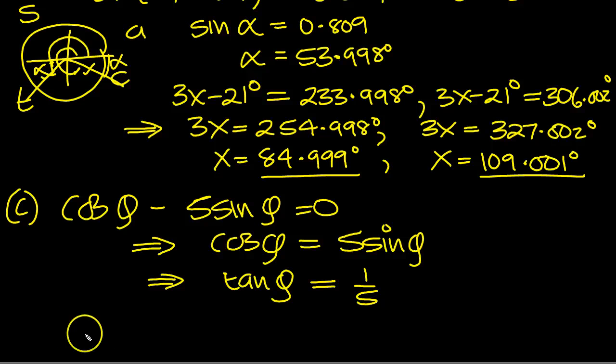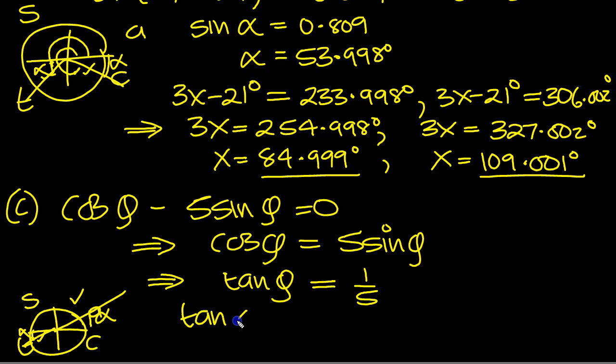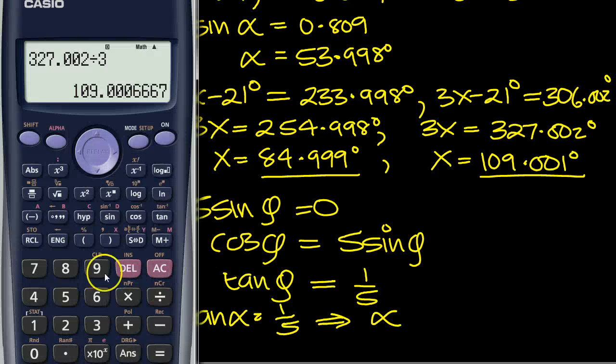So let's draw a circle. CAST. Tan is positive here and here. Draw two lines, mark off the alpha to the horizontal again, and simply write tan alpha is equal to a fifth. So alpha is shift tan of 0.2, which is a fifth, which is 11.310 to 3 decimal places.